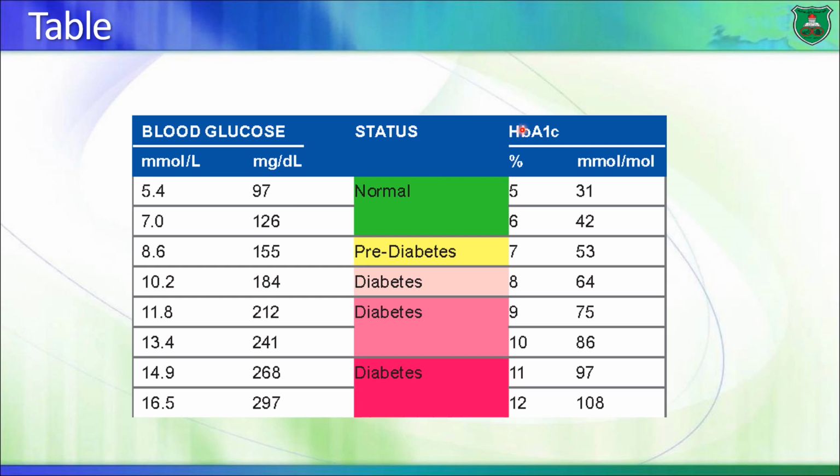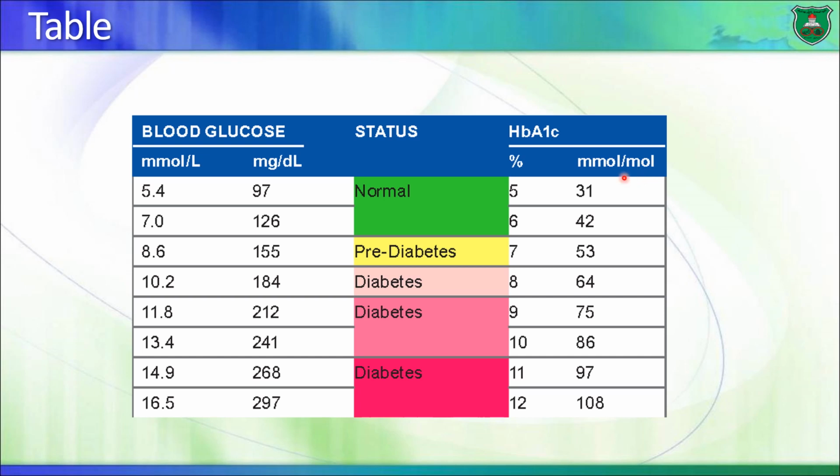Now, in terms of glycosylated hemoglobin, normal individuals should have about 5 to 6% of hemoglobin being glycosylated, which is equal to 31 to 42 millimole per mole. This means the percentage of glycosylated hemoglobin per total hemoglobin, and here you have millimole of glycosylated hemoglobin per total moles of hemoglobin.